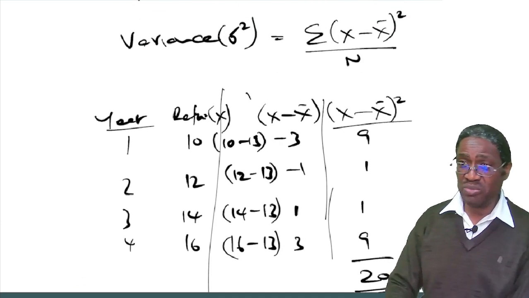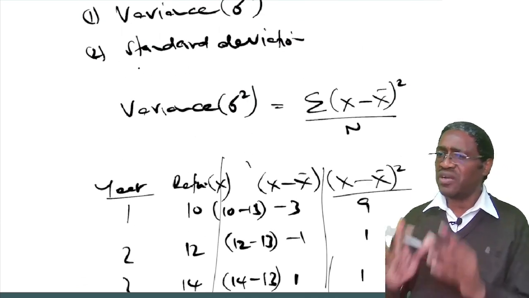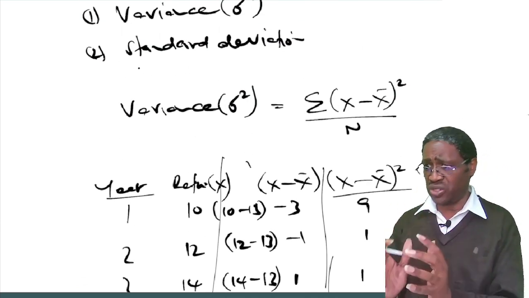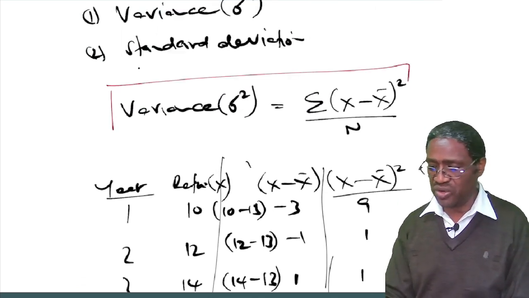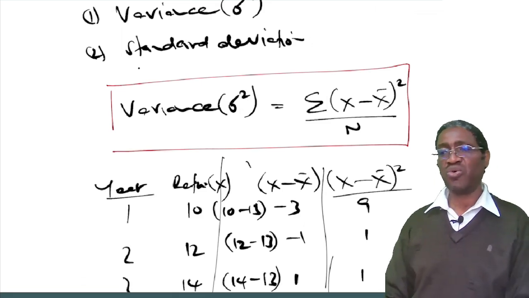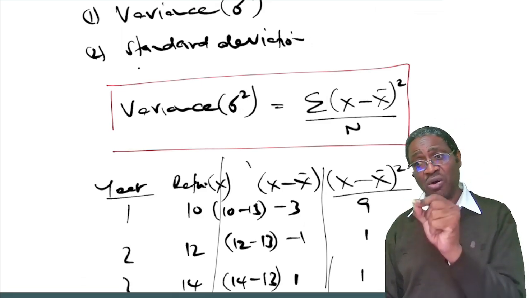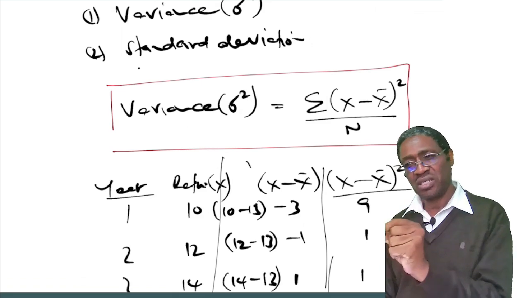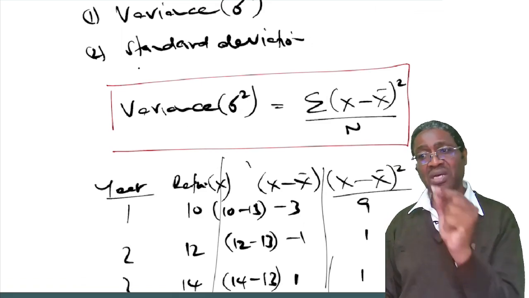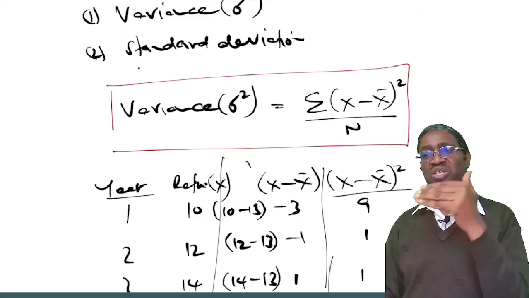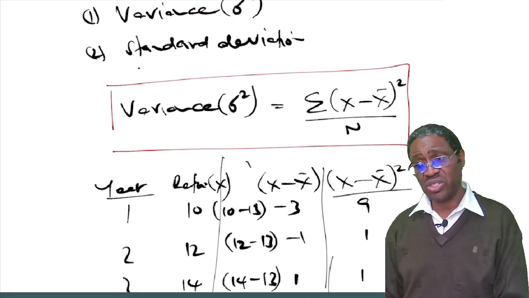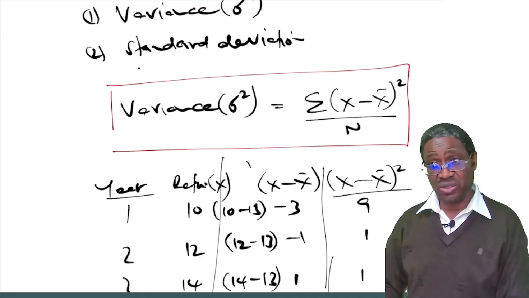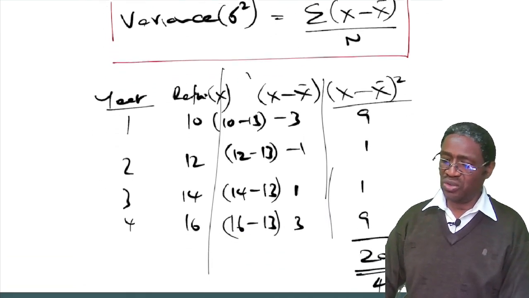To get the variance as a measure of risk, our formula is to get the sum of the squared deviations and divide that by n, which is the number of observations. Are you there? Good.